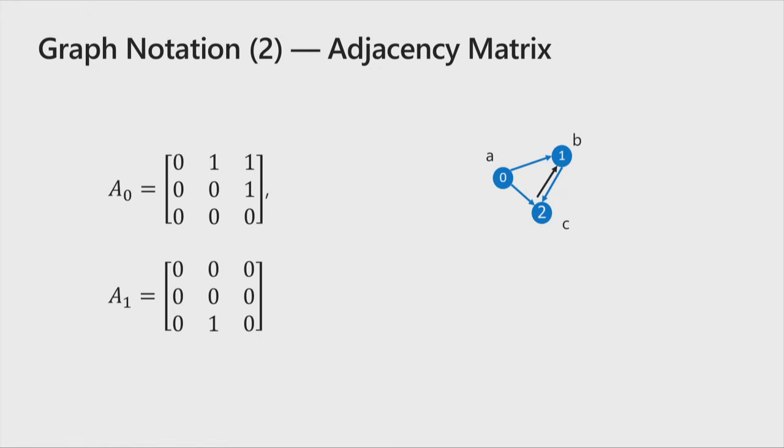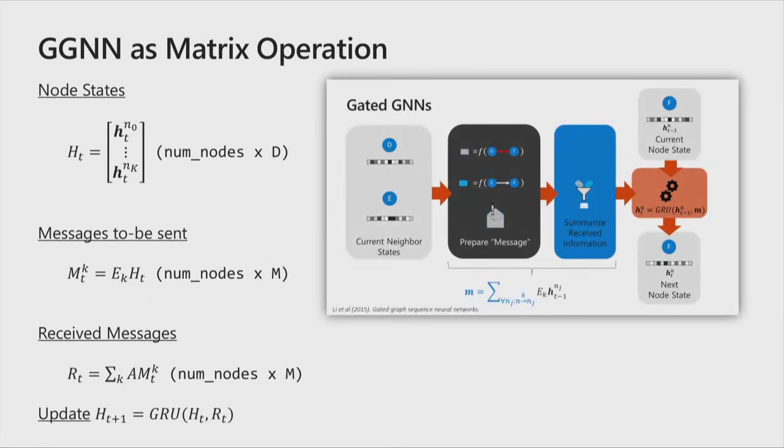It's something deterministic. So let's look at some pseudocode-like thing. You have a matrix where each line is your initial vector representation at time t. This is a matrix whose size is the number of nodes by whatever dimensionality h has. Now you want to compute the messages to be sent, so you do a multiplication by E_k for each type of edge k with h_t, and now you have all the messages to be sent outside from a node, possibly not necessarily all of them.